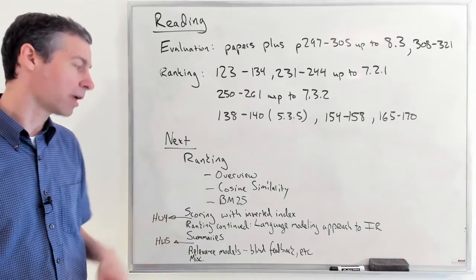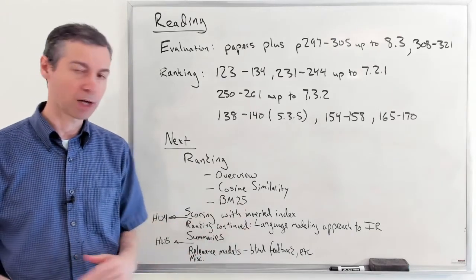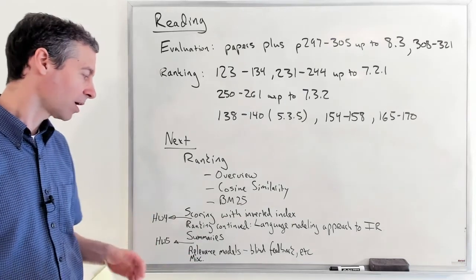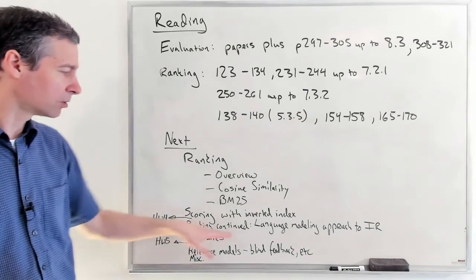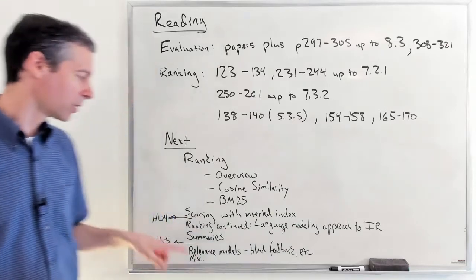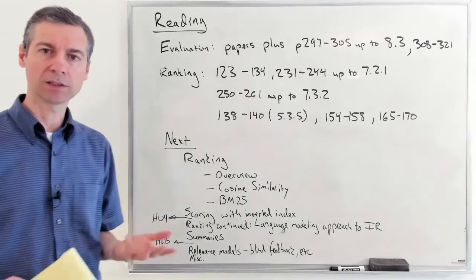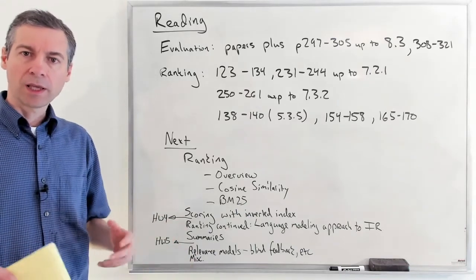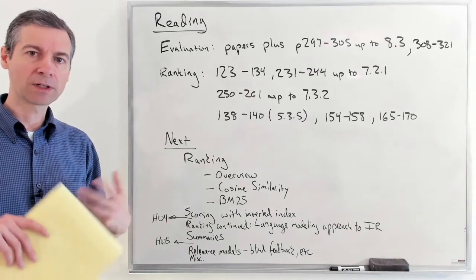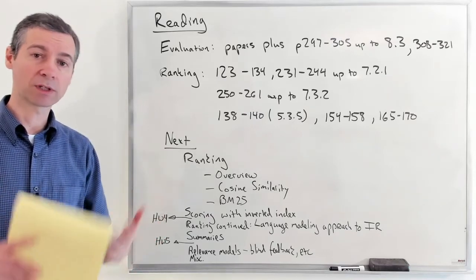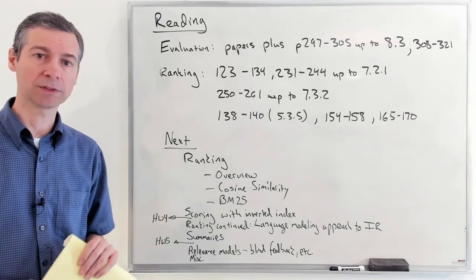Then we'll return to ranking, and we'll talk about the language modeling approach to information retrieval, which is something you should know about. I'll note we are now moving into an era of deep learning and these very powerful language models that are all embedded inside of a neural net.